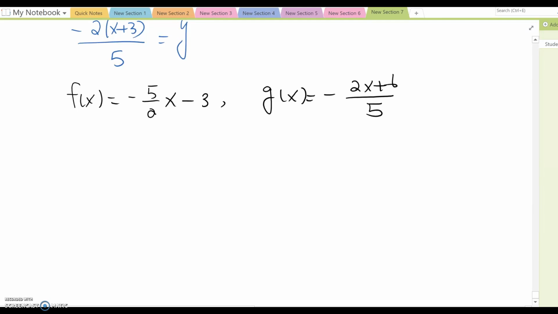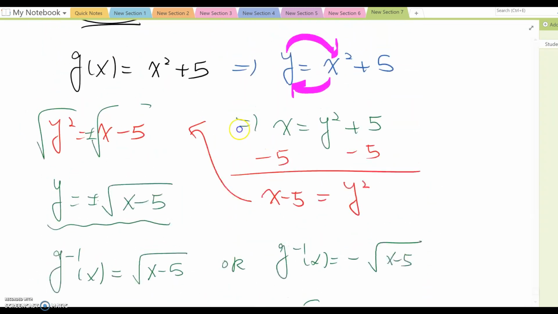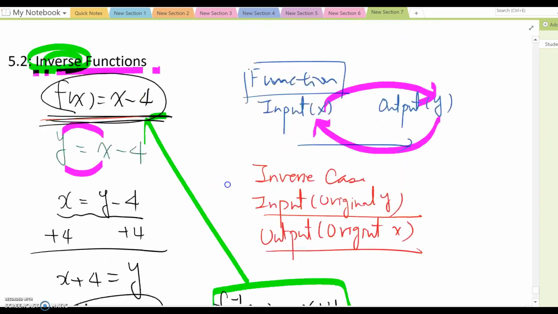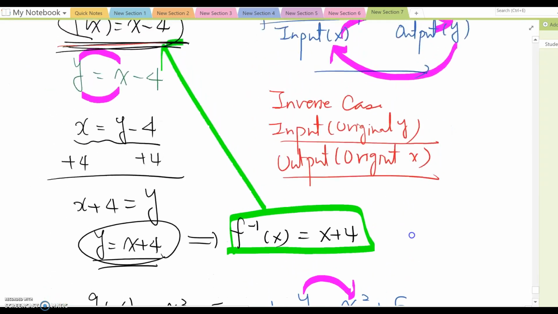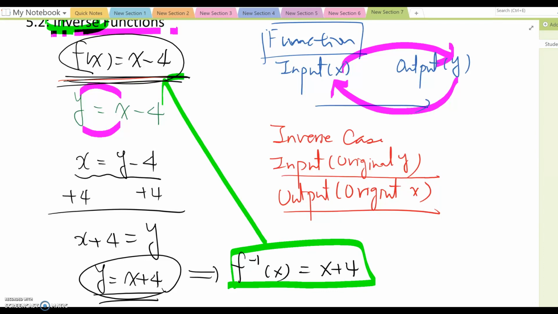We found f and g are inverse functions already, right? Then let's go back to the previous lesson and find an inverse function case. So let me use this: f(x) is x minus 4, f inverse of x equals x plus 4. I'm using these two functions and finding their composition.